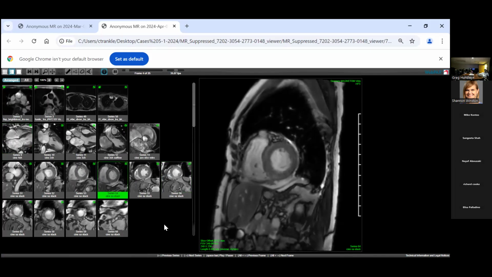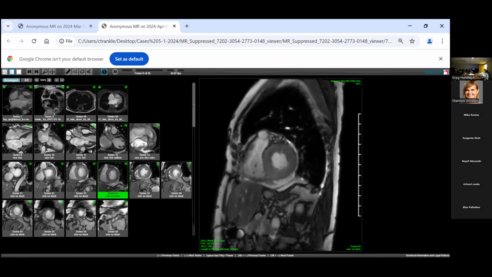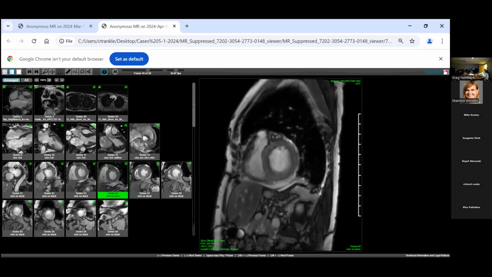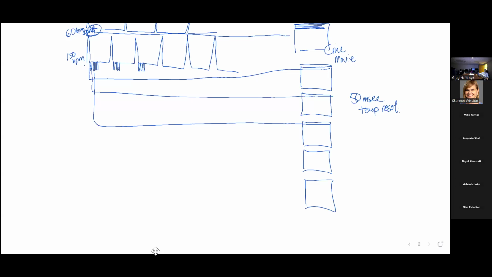Look at the endocardial surface, particularly along the inferior wall. It's blurry. It's fuzzy. Whenever you have a fuzzy image, one of a couple of things is incorrect. Let's go back to the last white screen. This is the key that you've got to think about to make an adjustment.